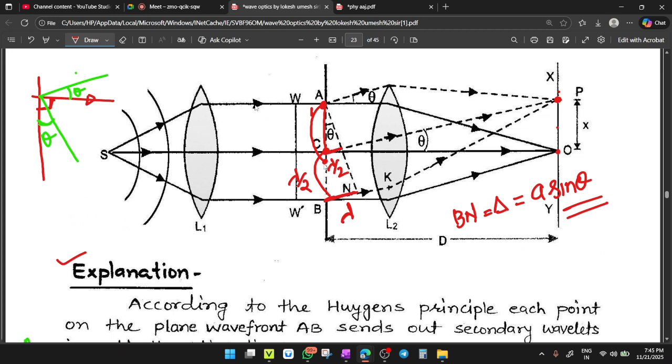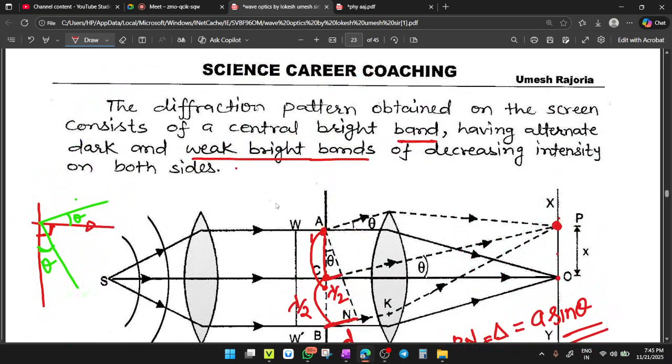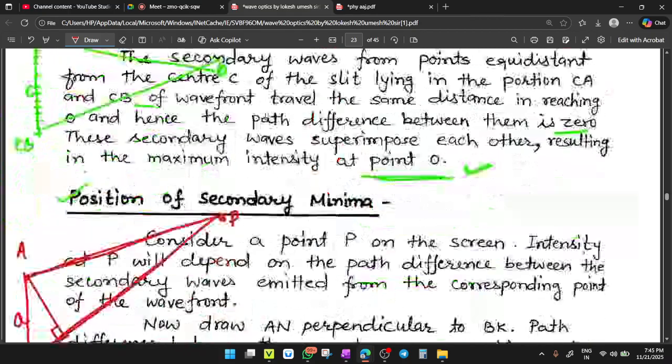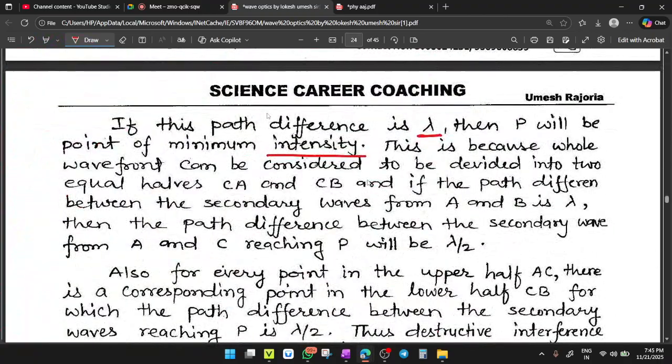And for a path difference of lambda by 2, they will interfere destructively. Previously, for a path difference of lambda, there was constructive interference in Young's double slit experiment. But here, for a path difference of lambda, 2 lambda or 3 lambda, you have destructive interference. Clear or not clear? Okay.